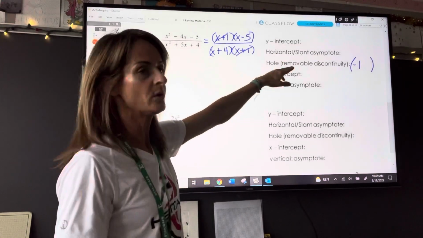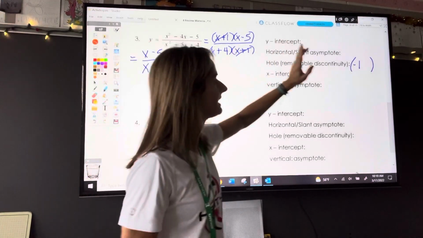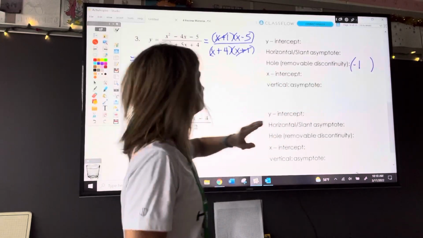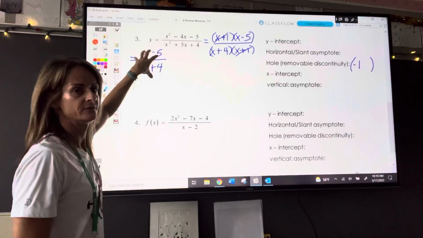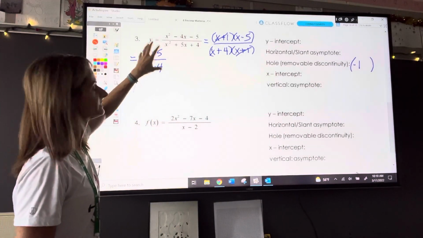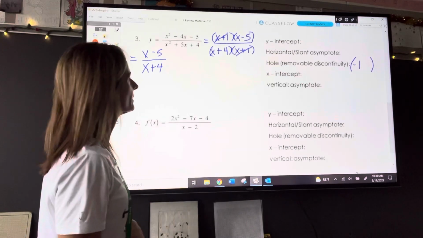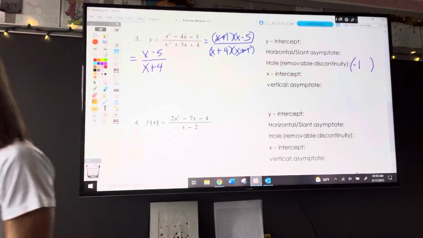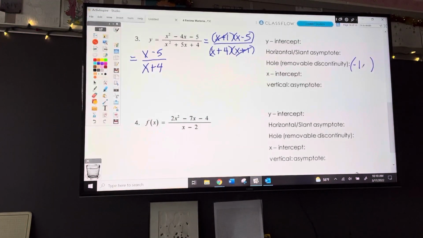To find the y coordinate, all we have to do is take this negative 1 for x and plug it into the leftover equation for x and just see what we get for y. So since we're already halfway done, we'll just finish that now. Negative 1 minus 5, negative 6, over negative 1 plus 4, and that's going to be 3. So we're at negative 1, negative 2. Any questions on that?